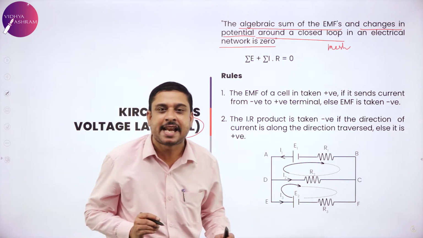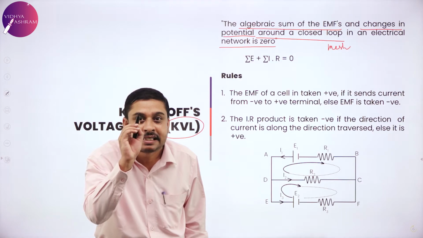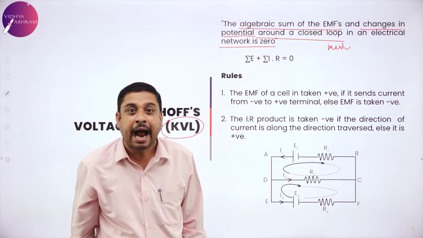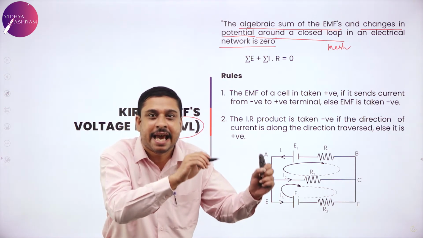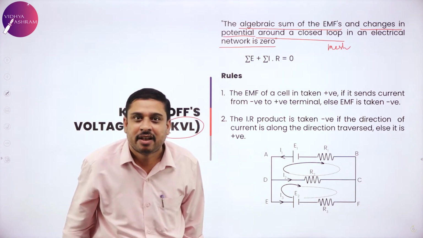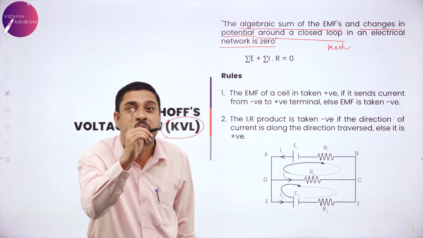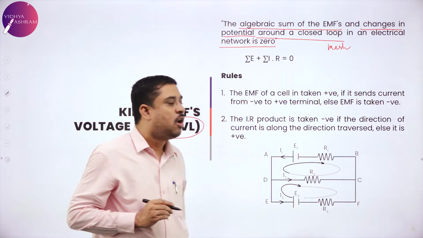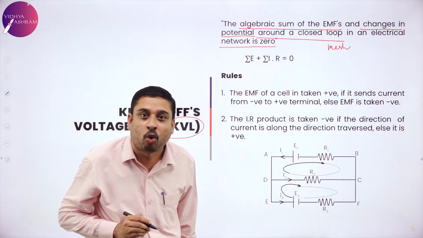So, what is the statement of KVL? The algebraic sum of EMFs and changes in potential, where in a closed loop, I am considering a loop, closed loop of an electrical network is 0.